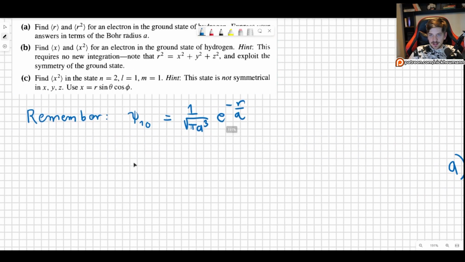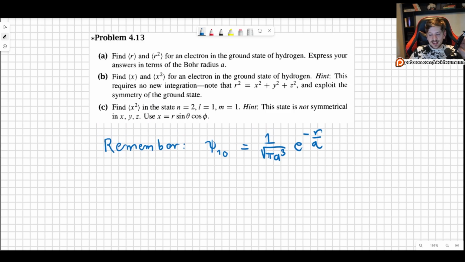Okay, now we want to find the expectation value of x. What does that mean? That means that in our integral, we are integrating over all of space.